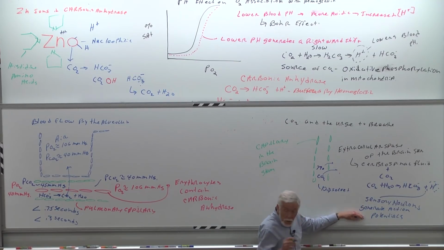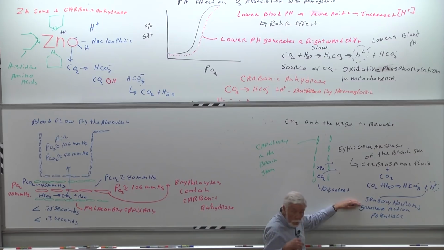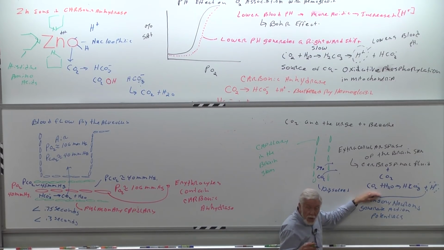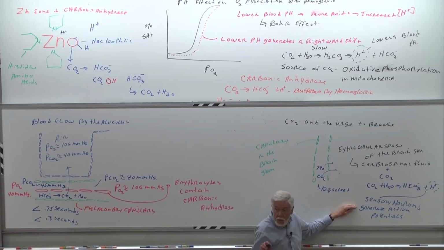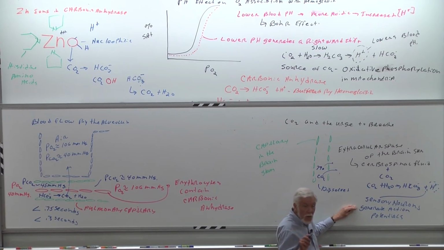These sensory neurons, with their regular action potential rate, are working through a circuit. There'll be some interneurons. Some of those interneurons then will finally synapse onto upper motor neurons of the brainstem. Those upper motor neurons will synapse onto lower motor neurons in the cervical spinal cord. And those lower motor neurons now are going to innervate the diaphragm.